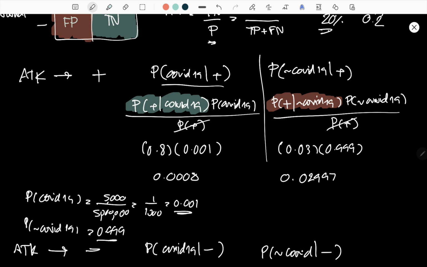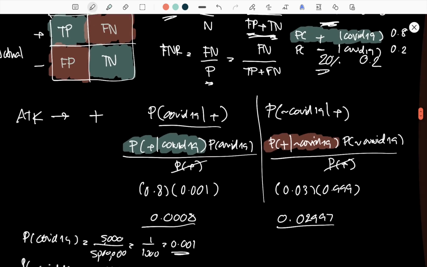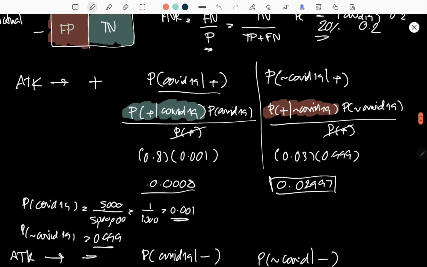Okay, so you can see that if the ATK in this case returns positive, with the result from the lab like this, the probability of not COVID-19 is much higher. Or maybe you can think that because of the values of this number, the actual not COVID-19 is very, very high.